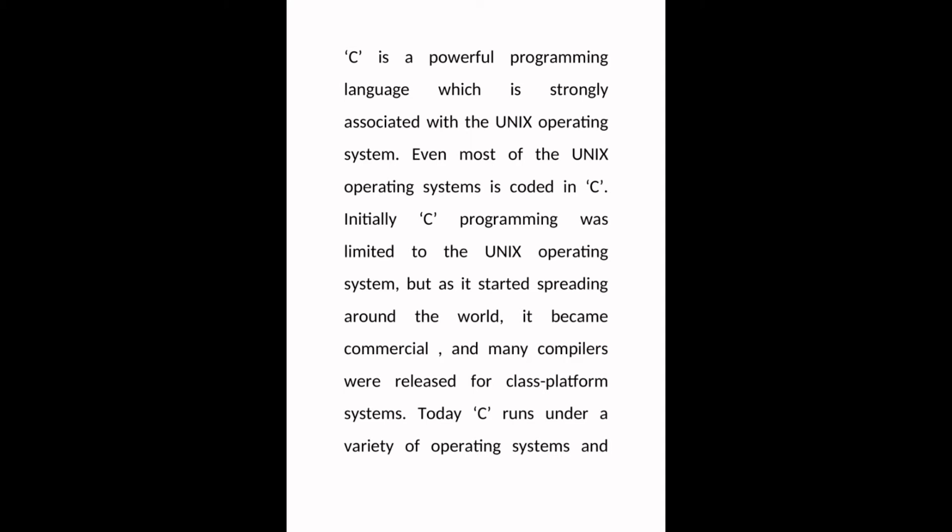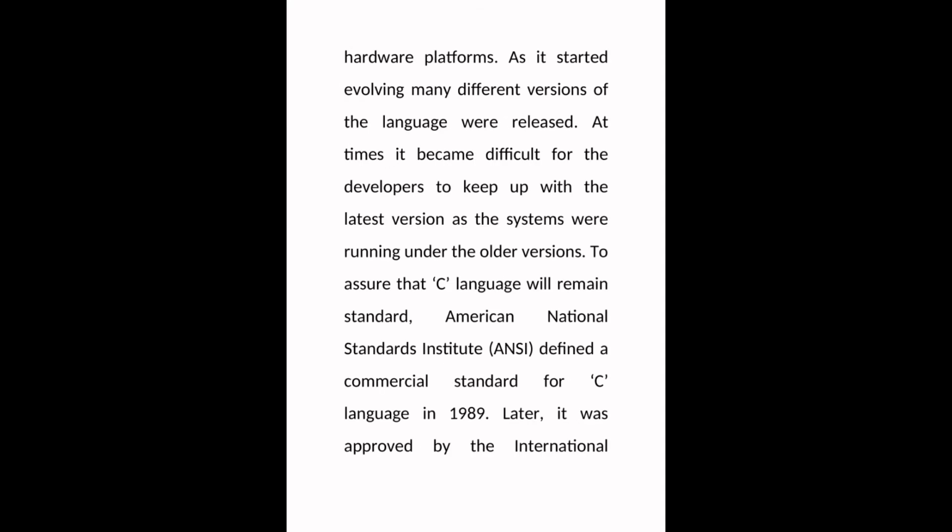Today C runs under a variety of operating systems, like Windows 7, Windows 10, Unix, Mac, etc. C was used to develop many operating systems, and the C language will run on any hardware platform, x86, x64 or any hardware architecture.